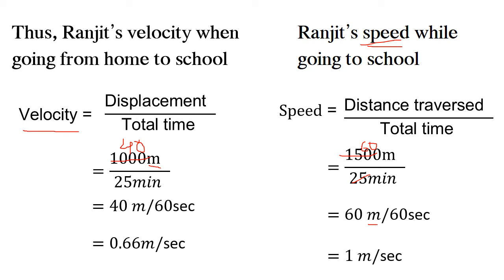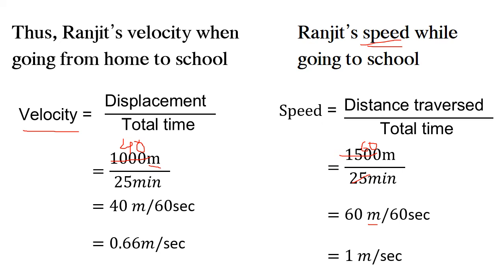Now Ranjit did not take the straight route of minimum distance while going to school, and therefore here, see here, velocity is 0.66 and speed is 1 meter per second. So the magnitude of his velocity and speed came out to be different.